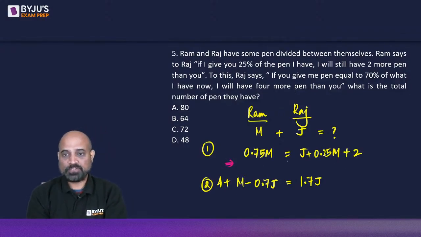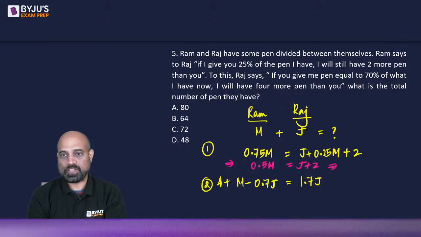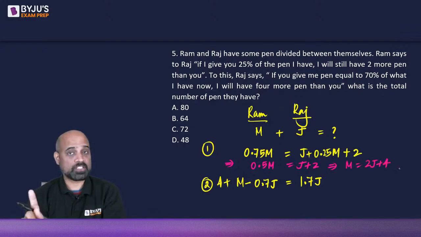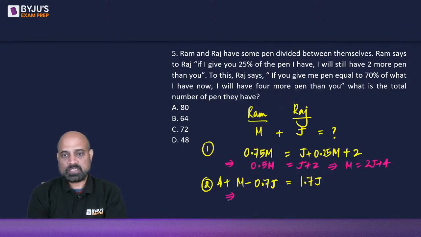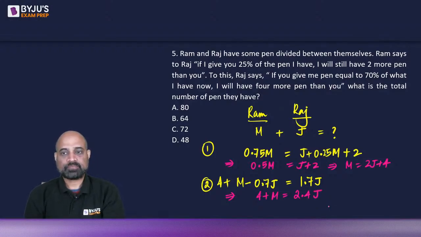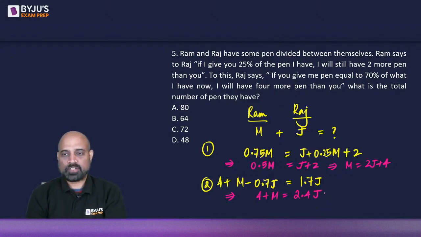So if we take the first one, we will get 0.5m is equal to j plus 2, or we can rewrite this as m is equal to 2j plus 4. This is the first equation. Second one, if I take 0.7 to the other side, I will have 4 plus m is equal to 2.4j. And one thing we do, let's write m is equal to 2.4j minus 4.